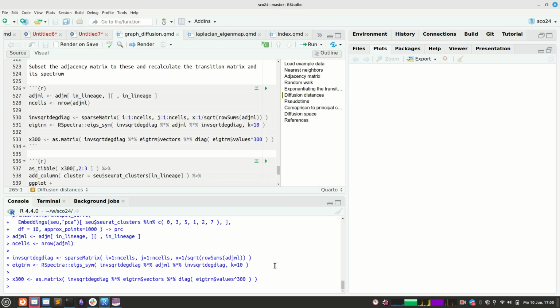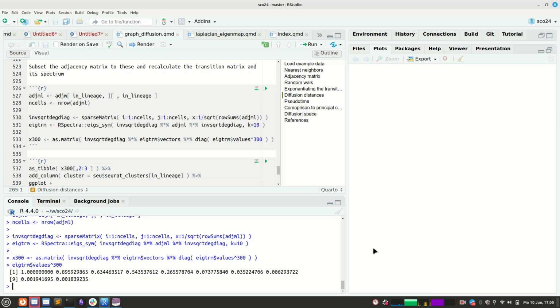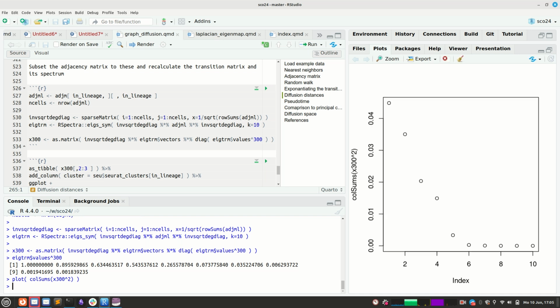And now if we look a bit at our eigenvalues, here up to the 300th component, as you can see, they fall off quickly, but not so quickly that it would be okay to only look at the first two values. You can also look at the squared plot, the cumulative sums.